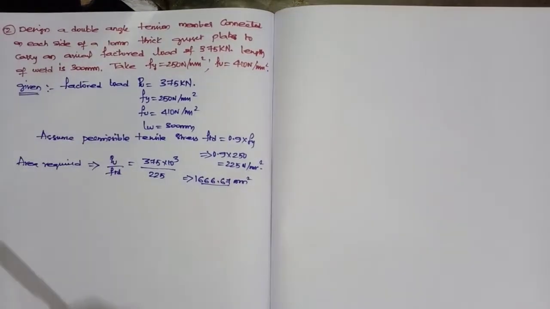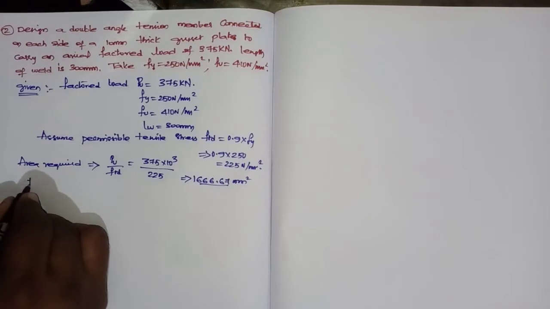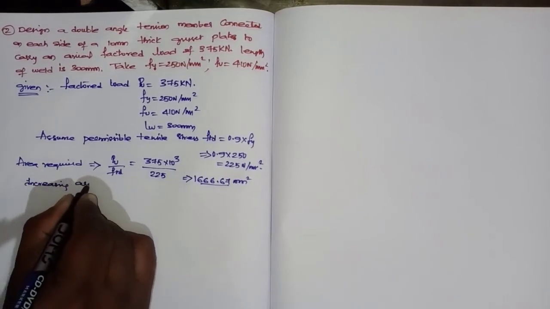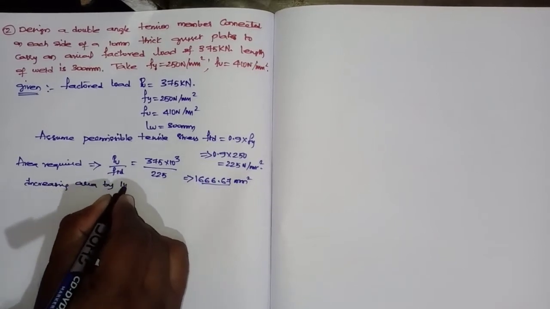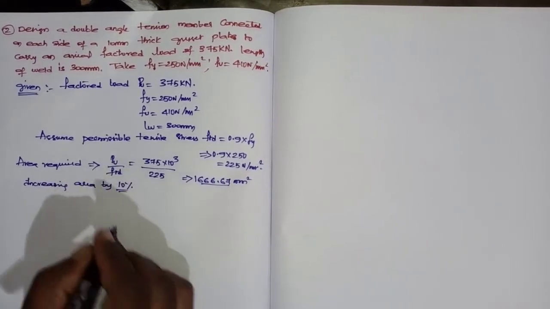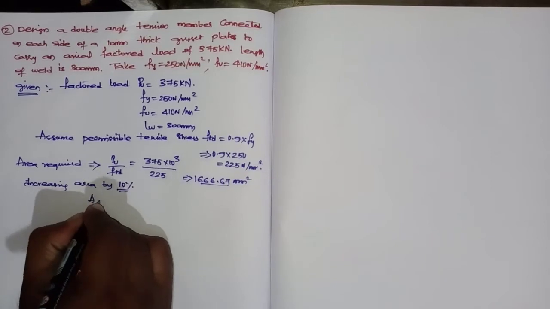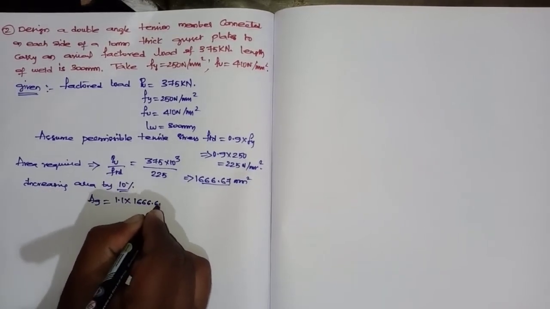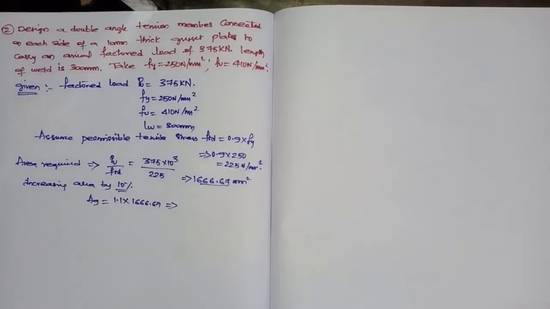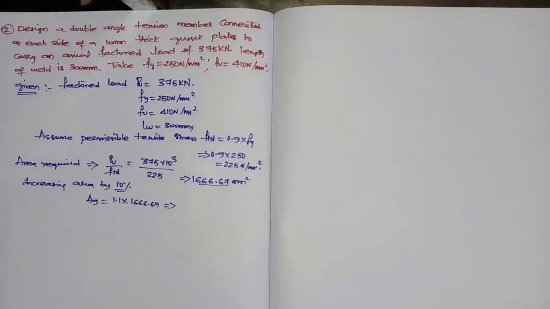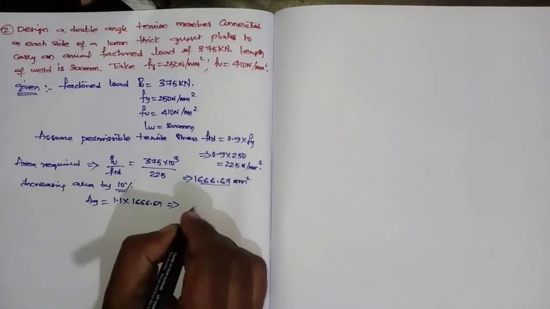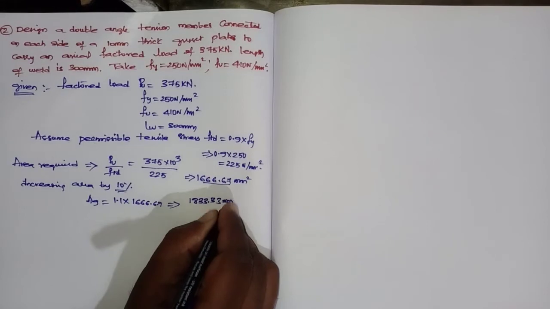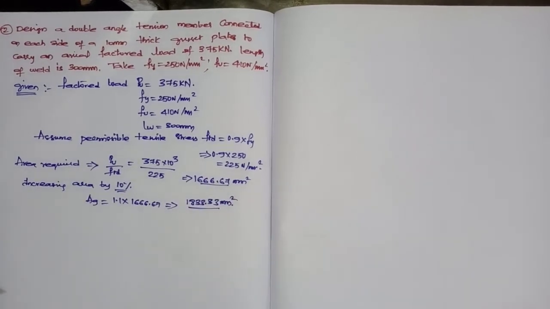Now what we do, we'll increase it by 10%. Increasing area by 10 to 25 you can go, so 10 is more than enough. So gross area required equals to 1.1 into 1666.67, so 1833.33 mm square. This is the area required.